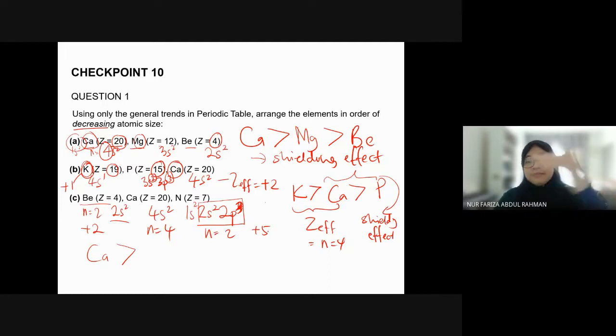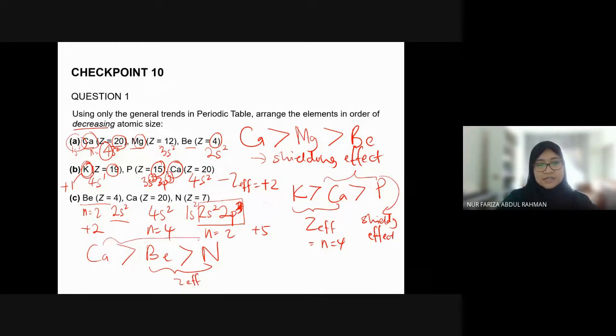This is across the period, so nitrogen has a higher Z effective compared to beryllium. So beryllium, then we have nitrogen. This is based on Z effective, and this is based on shielding effect.